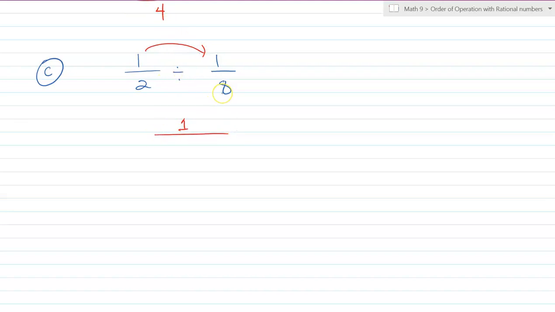2 divided by 8, this is what we have to write. Now it's not 8 divided by 2, don't make a mistake. It's not 4, it's 2 divided by 8. So let me write it like that, 2 divided by 8, and let's change that to a fraction. You know how to do that, we did that a few lessons ago.